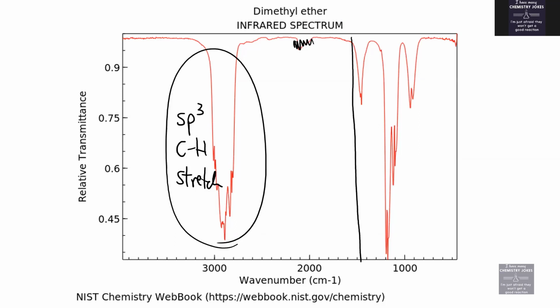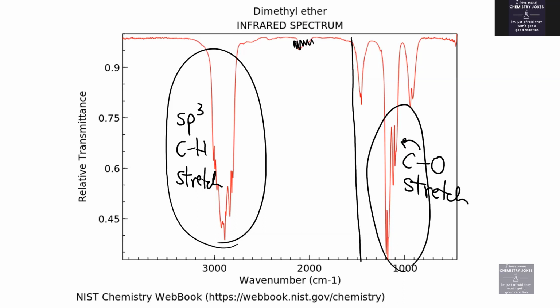All this stuff is in the fingerprint region. That's because a carbon oxygen single bond stretch does show up in the fingerprint region. So we really ignore the fingerprint region almost all the time.